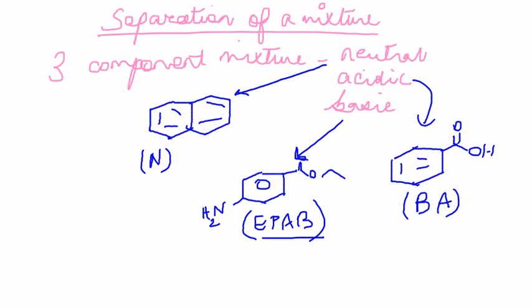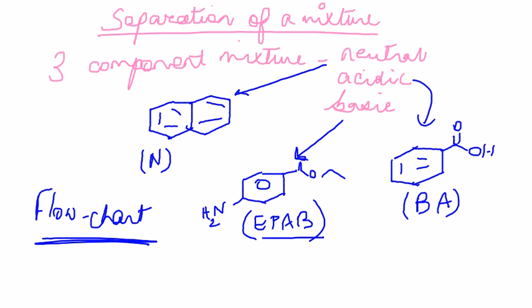What I also recommend is that you prepare for yourself a flow chart similar to what I'm about to draw for you. So get a schematic diagram as to what needs to be done. It really is a very simple lab, but if you don't label your glassware well, if you don't follow the instruction to the T, you can very quickly go in circles and lose track of what you're working with.